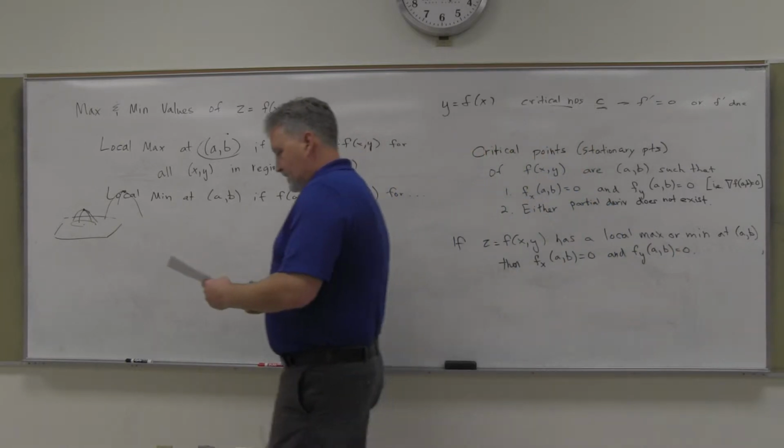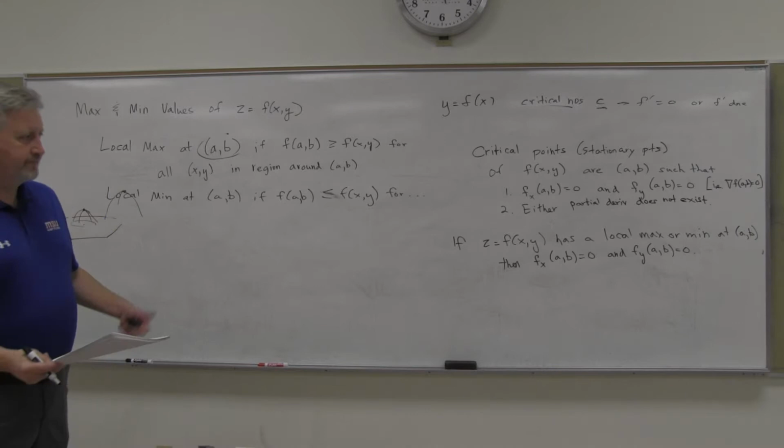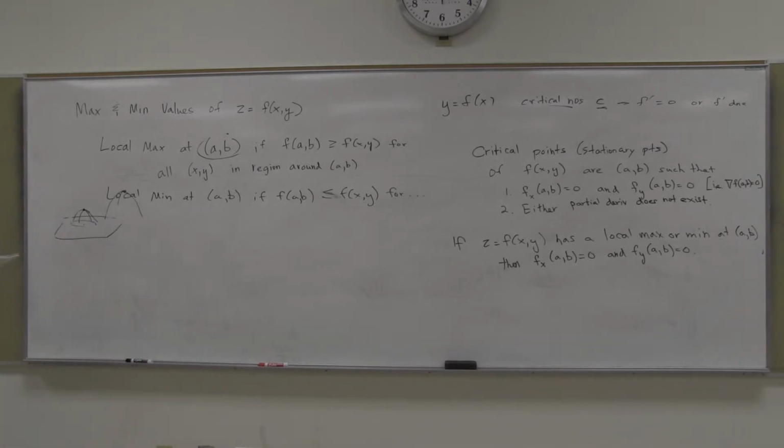So if it has a local max or min at a, b, then those two do equal 0.